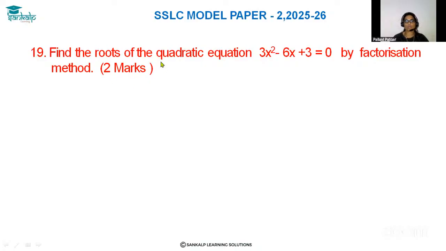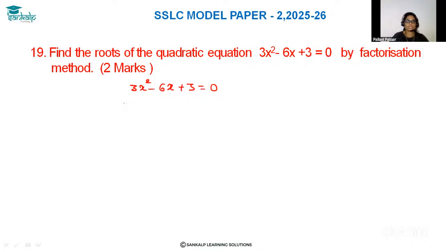Find the roots of the quadratic equation 3x square minus 6x plus 3 is equal to 0 by factorization method. Write the equation and factor out the greatest common factors. The given quadratic equation is 3x square minus 6x plus 3 is equal to 0. We can factor out the common factor 3 from all the terms.